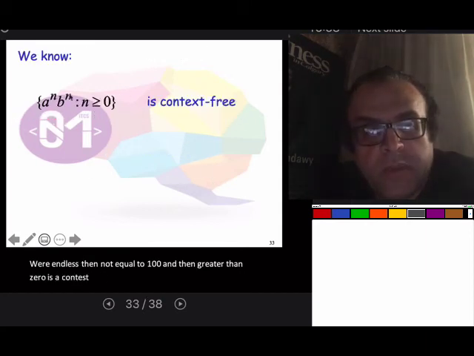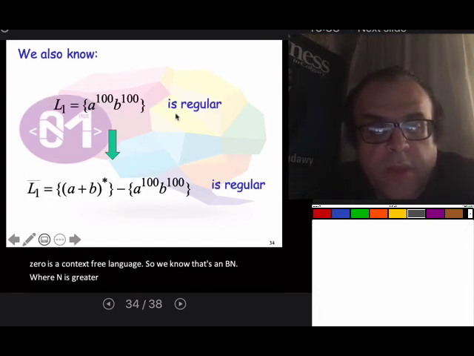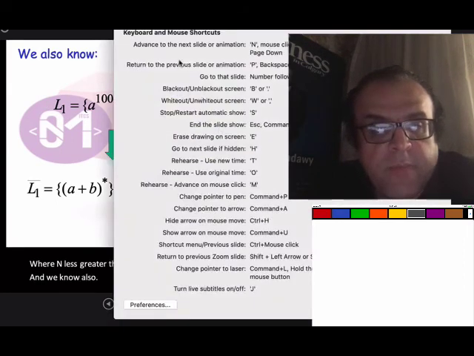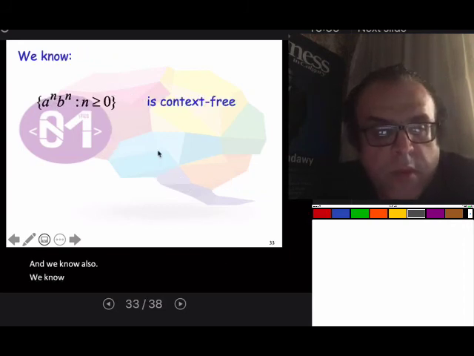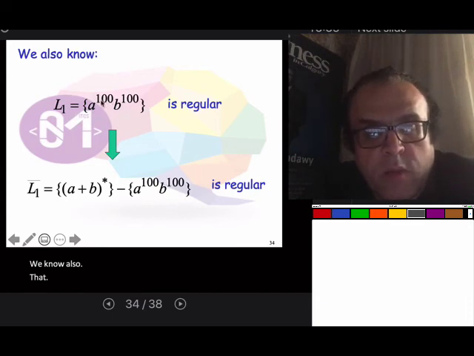We know that a^n b^n is a context-free language, and we know also that {a^100 b^100} is a regular language.